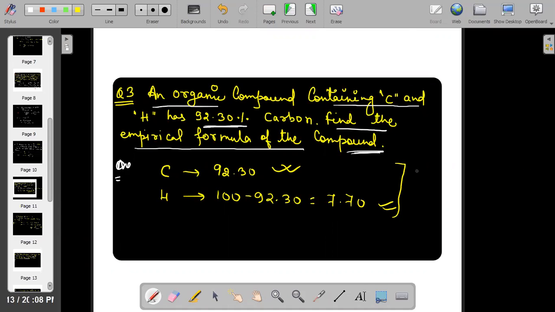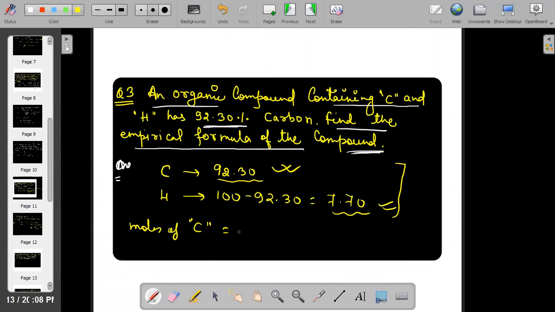Suppose the total mass of the compound is 100. That means the mass of carbon is 92.30 and the mass of hydrogen is 7.70. It is given in the question. So tell me, what are the moles of carbon?